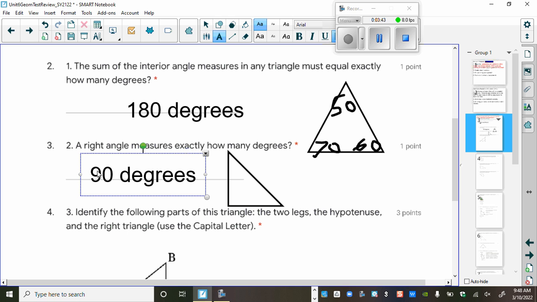I gave it to everybody last time, if you check. And how can we always figure out when we have a right angle? What symbol? A little square. It looks something like that. You need your study guide, which I gave to everybody.